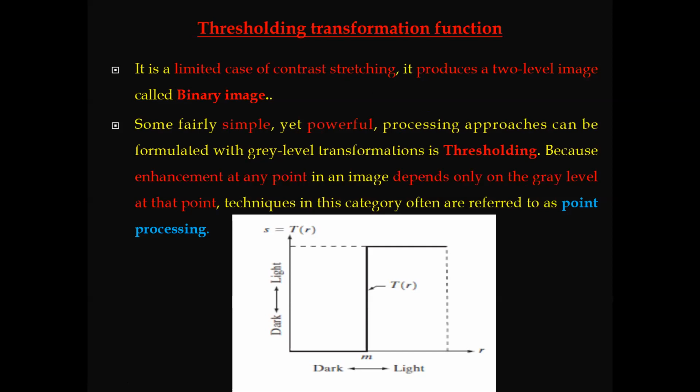Here, what are the values below this m? All values will be dark only. The values above this m will be bright. So here is a sharp fall at m. Exactly whatever the sample values are up to this m, all values will be dark only. The remaining values will be bright.